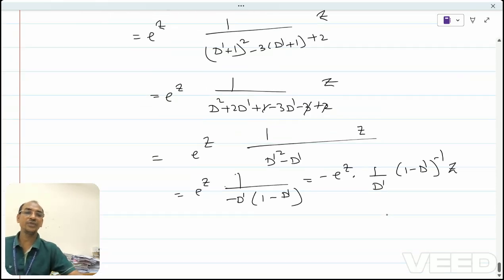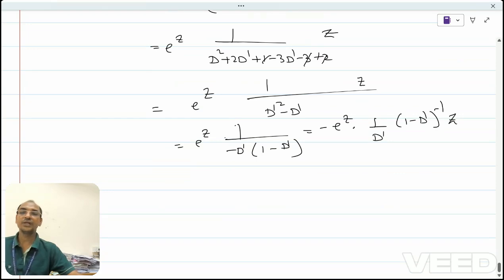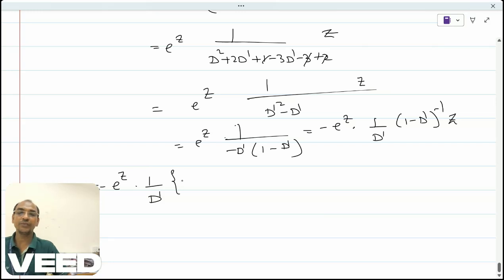Since the degree of z is 1, we will write the series. The series expansion will be 1 + D' + D'^2 and so on, into z. Since the degree of z is 1, D'^2 and thereafter all the terms will be 0.